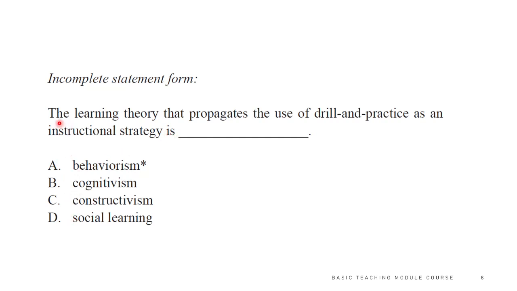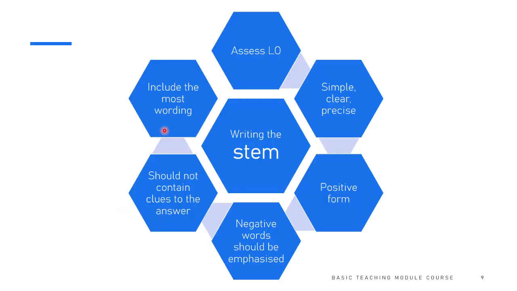So let's say this is a bad example: in a learning theory that propagates the use of drill and practice as an instruction strategy, you straight away put a blank, and then "is behaviorism, is cognitivism, is constructivism." So you want to reduce wording in the choices or options, and put as much wording in the stem. So that's what it means by including the most wording.